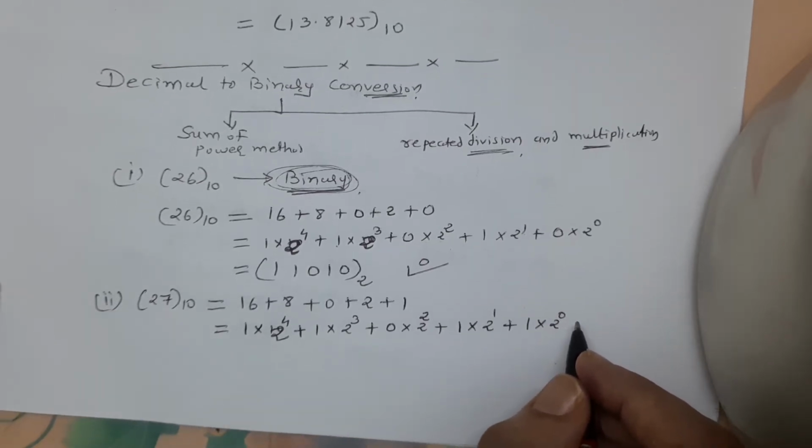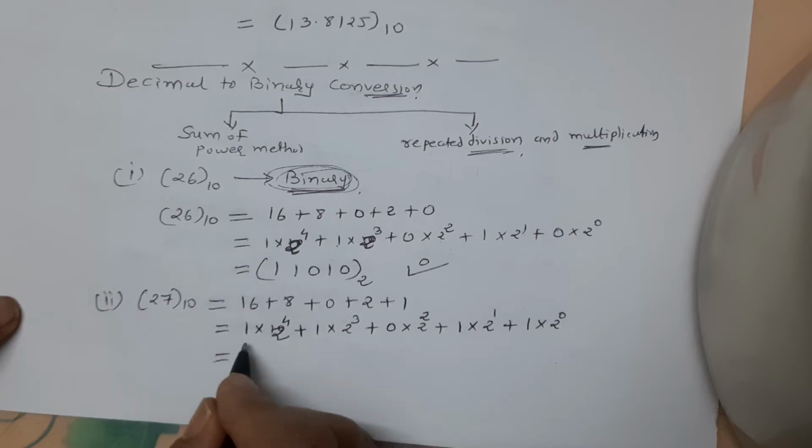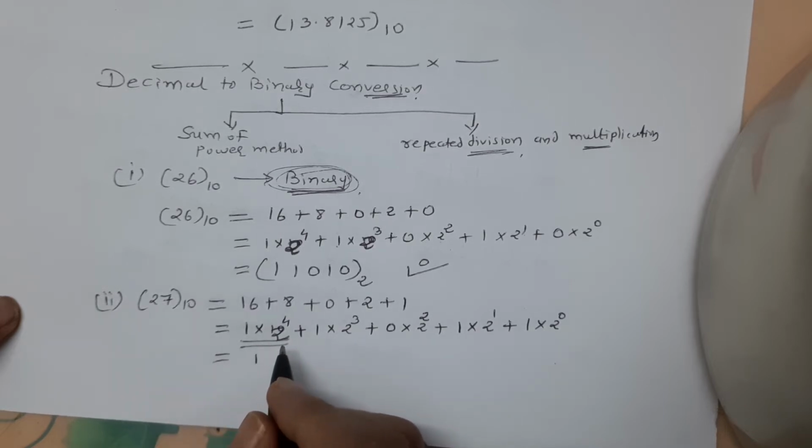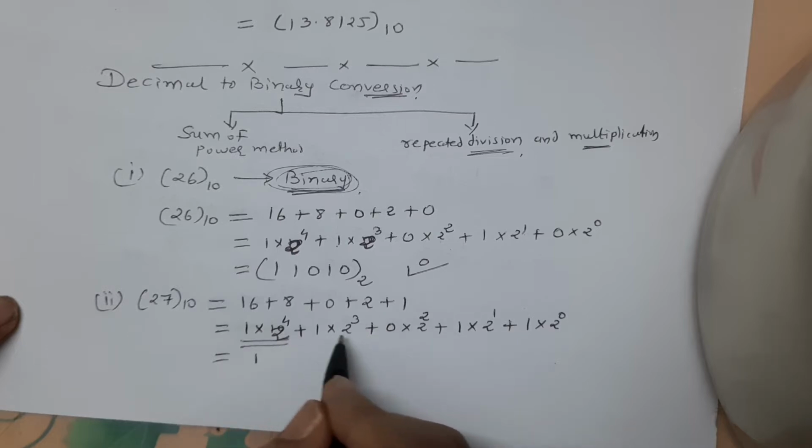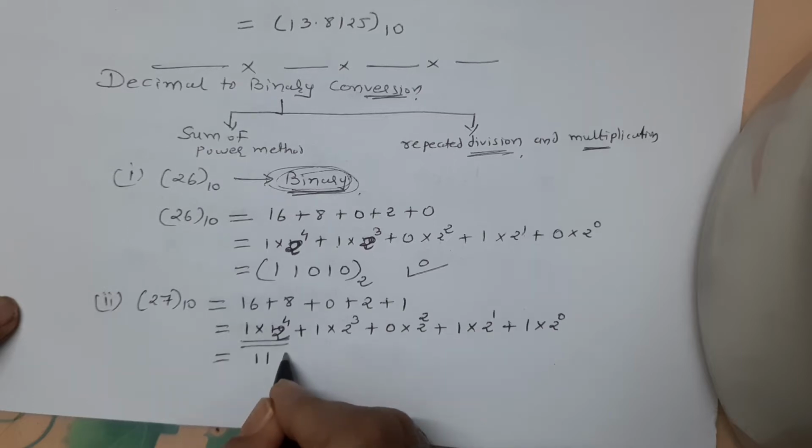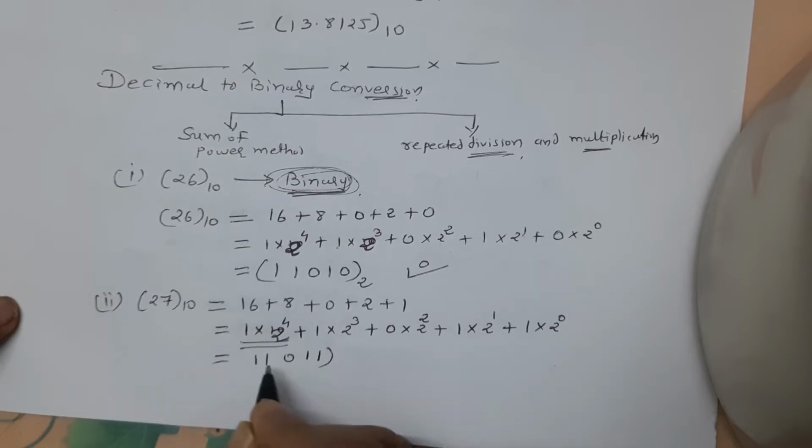So this is equal to 11011, and this is your binary number.